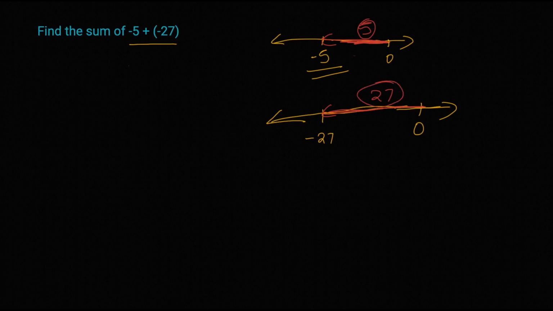Now to solve this, you're basically going to be adding these numbers. So negative 5 plus, and then it's going to be a minus 27.